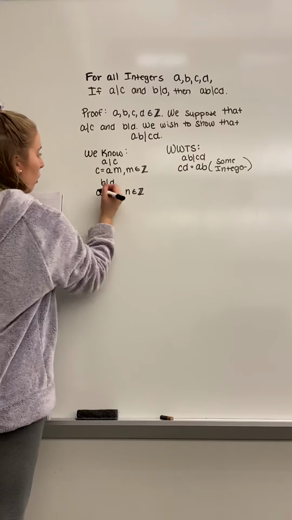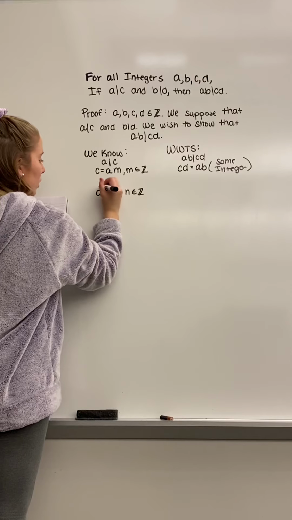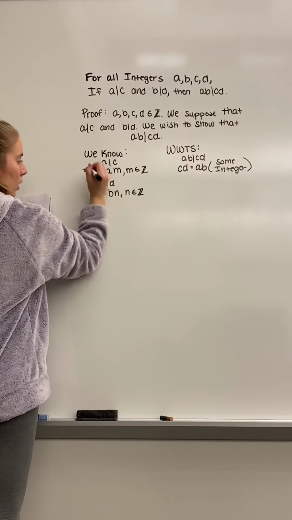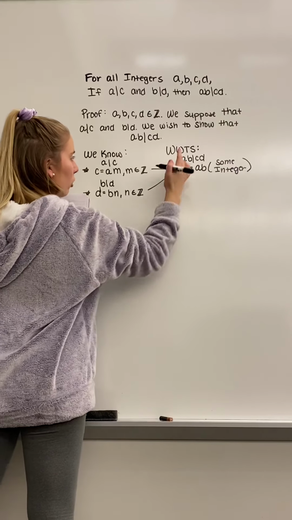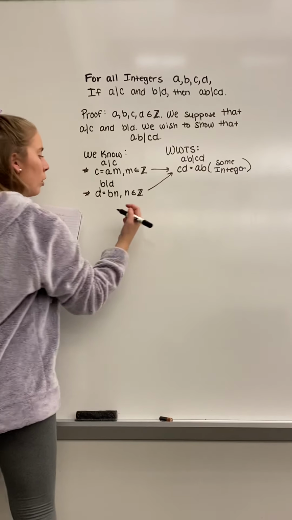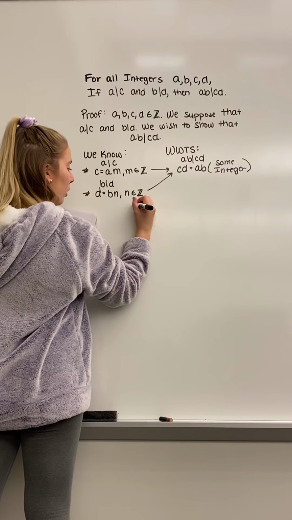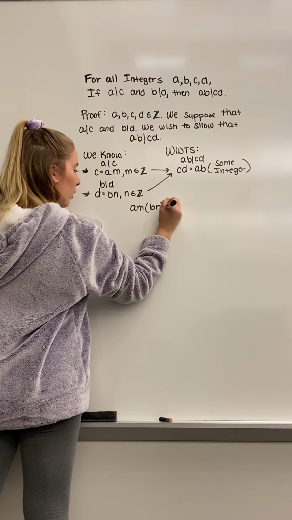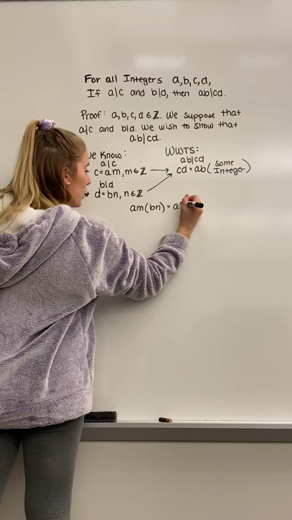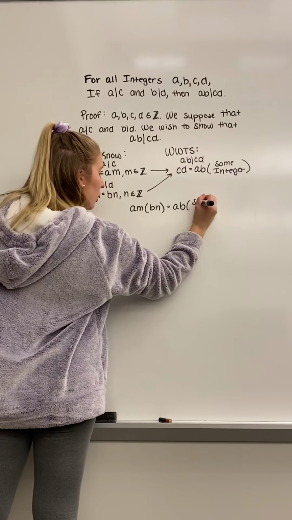But since we know c and we know d, we can then plug these back in for what we wish to show. So we have a times m times b times n is equal to a times b times some integer.